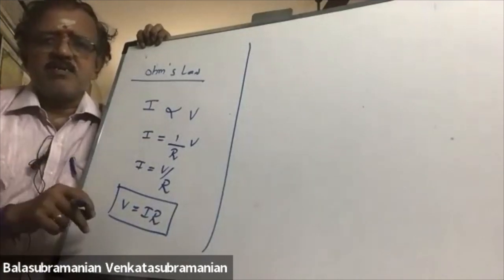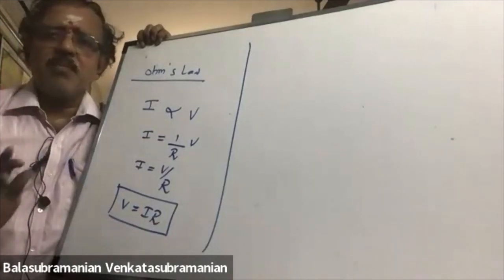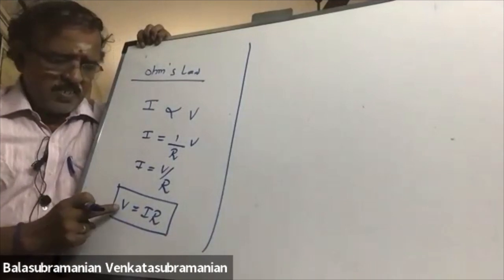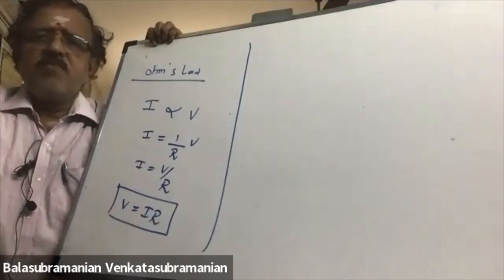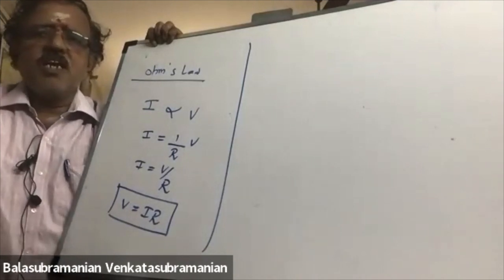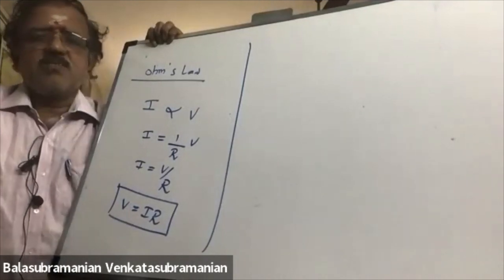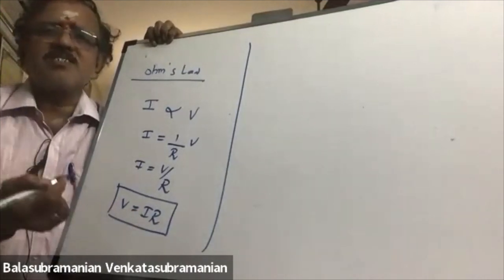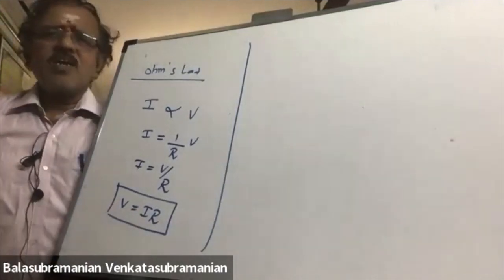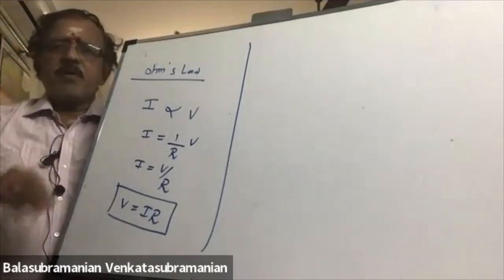So remember, not for examination purpose. V is equal to IR. Potential difference is the product of current and resistance. What is called resistance, sir? You take a water pipe, an iron pipe.